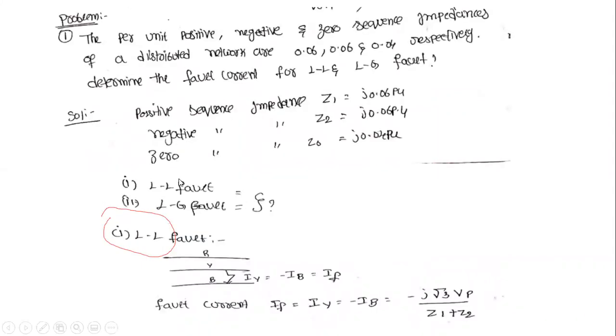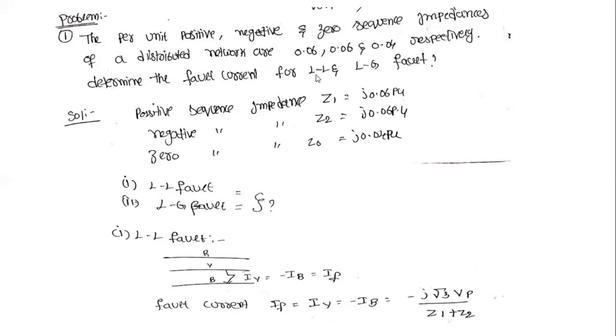Next, coming to the problems related to fault calculations. The per unit positive, negative and zero sequence impedances of a distribution network are given.